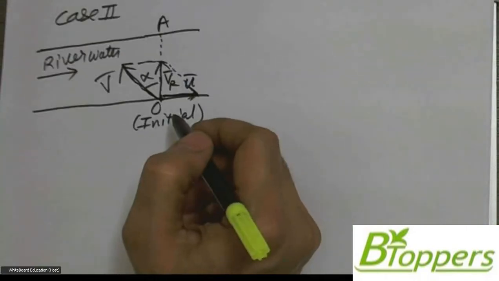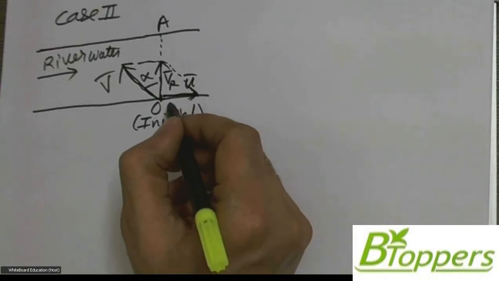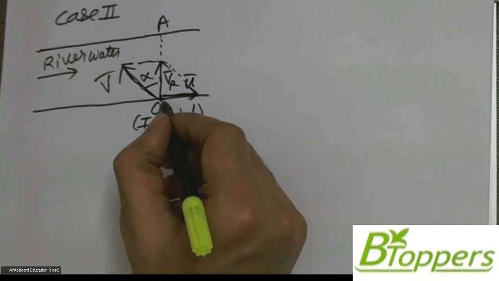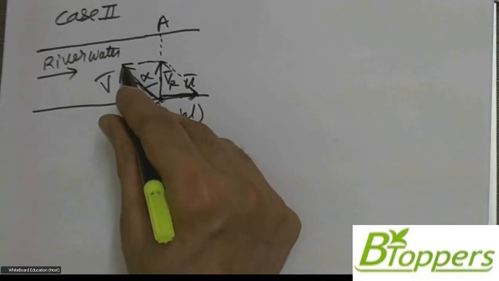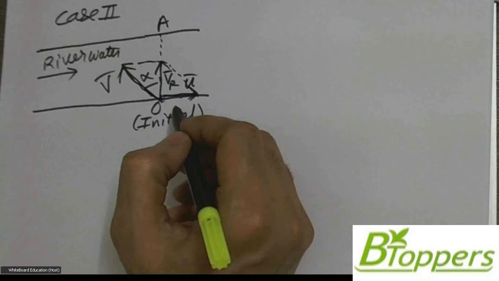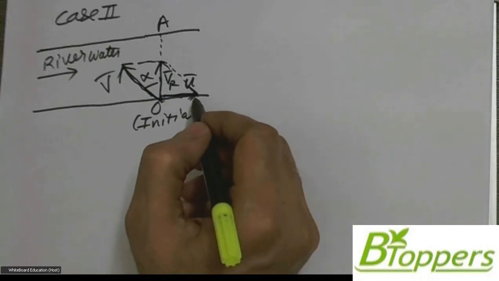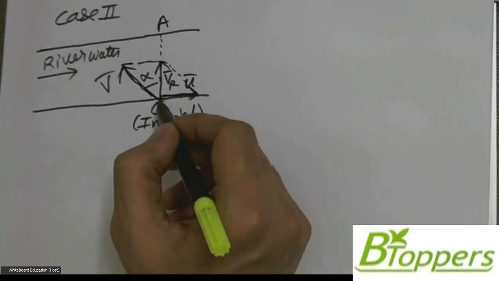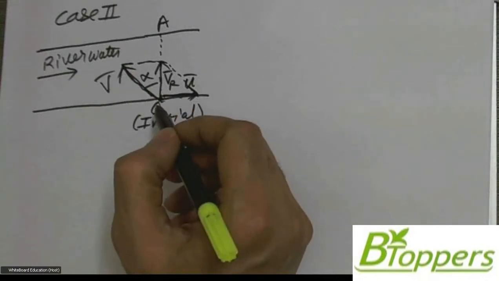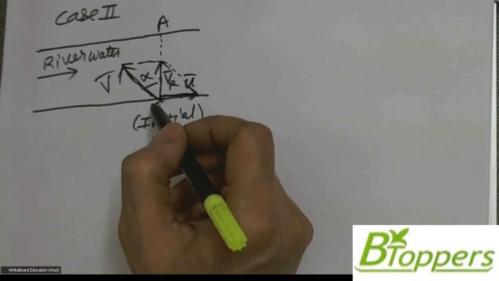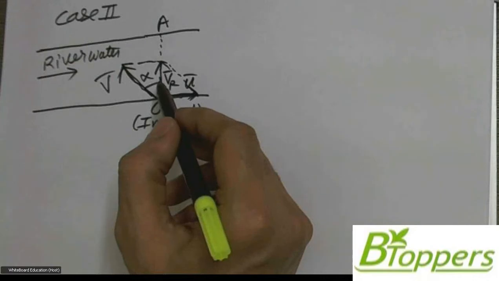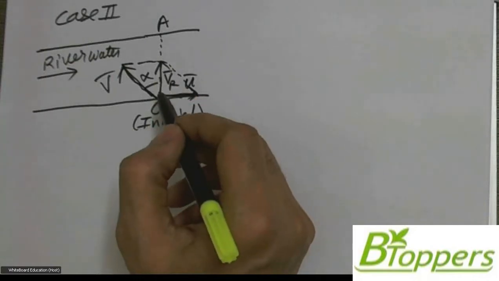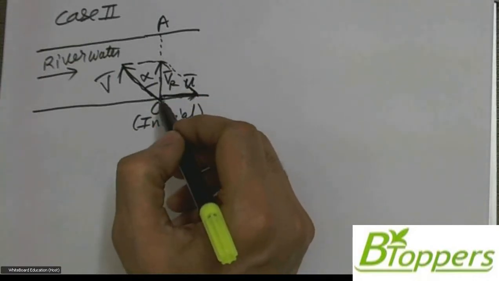So from the parallelogram law of vector addition, if you construct a parallelogram by representing the two vectors U bar and V bar graphically by the adjacent sides of the parallelogram, such that the tail of vector U bar is attached to the tail of vector V bar, the diagonal of the parallelogram passing through their point of intersection represents the resultant both in magnitude and direction.